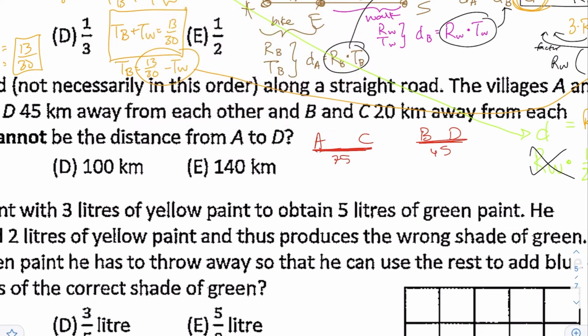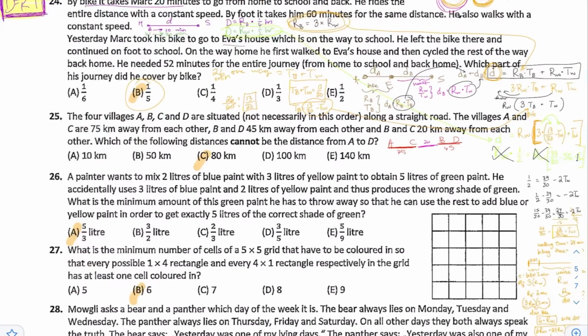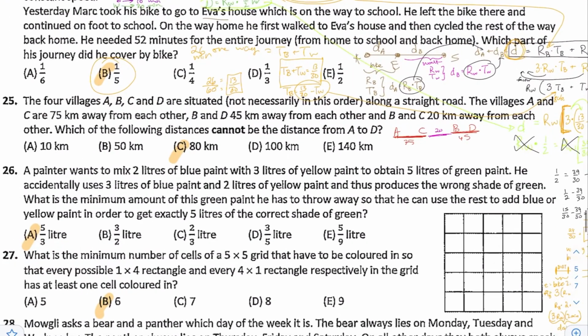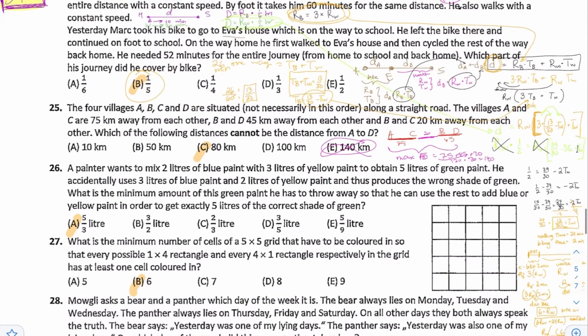So from here we can have B to the right of C, and if this is 20, then you can have the maximum distance here for AD would be 75 plus 45 plus 20, or 120 plus 20, which will be 140. So 140 is the maximum, so this could be the distance. So that would be wrong here. Okay, we'll look for one that cannot be the distance from A to D.